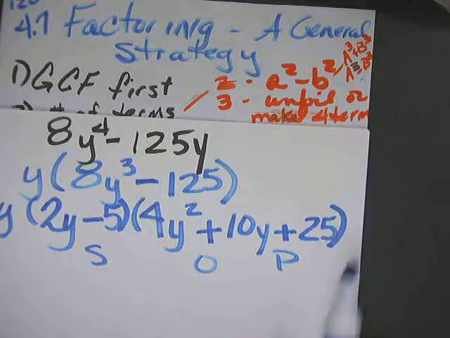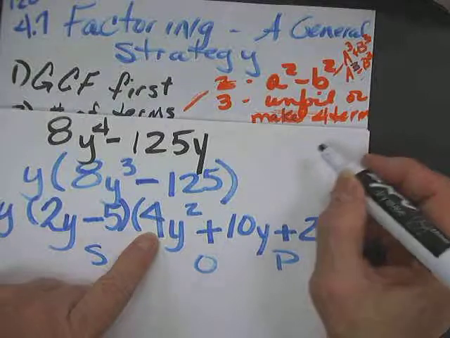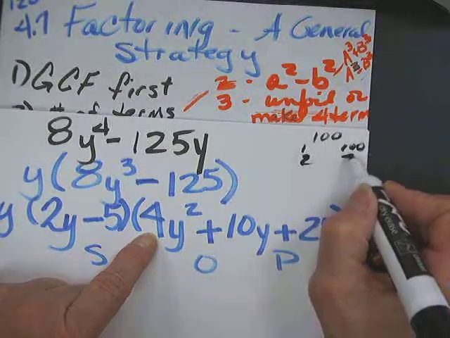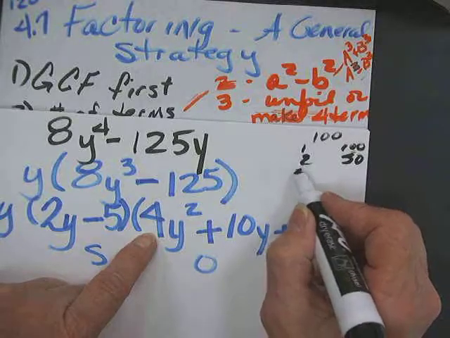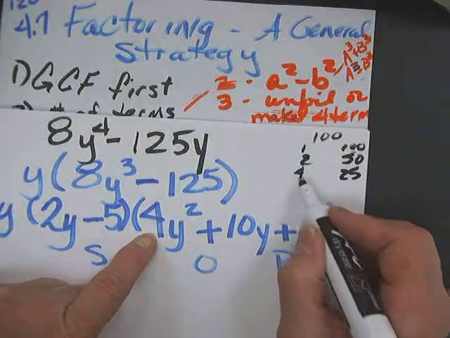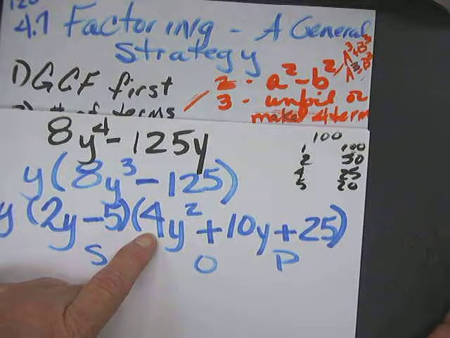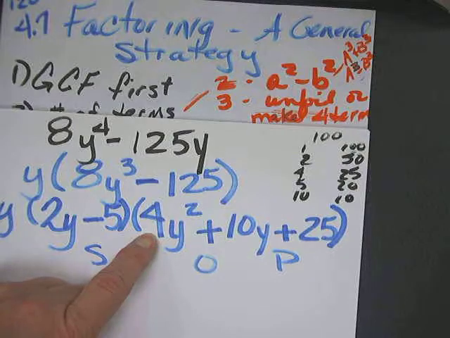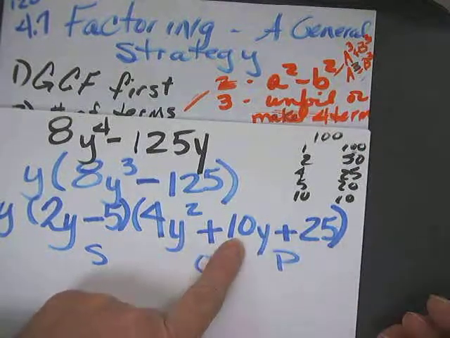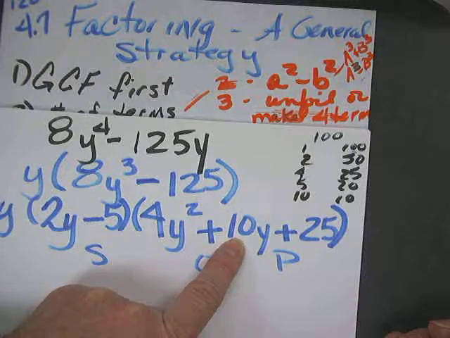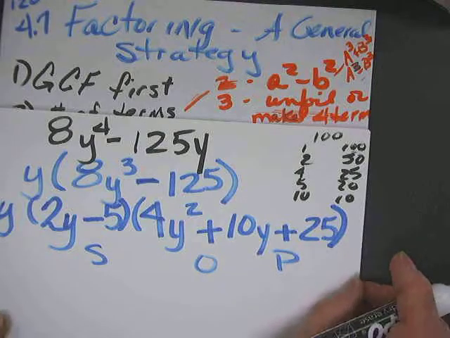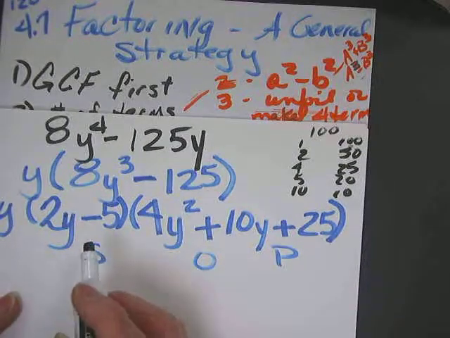So we are done unless, what if this factors? Because that won't factor and that won't factor. Let's see, could we maybe make this into 4 terms? I don't know. 25 times 4 is 100.